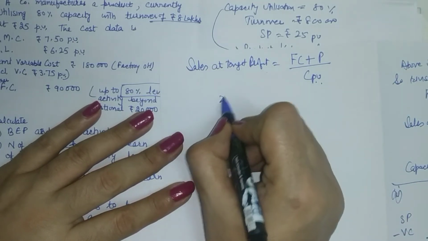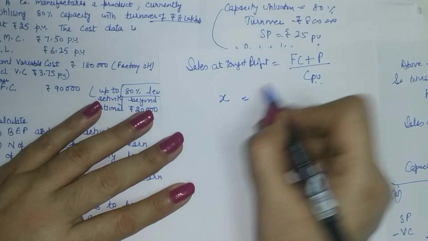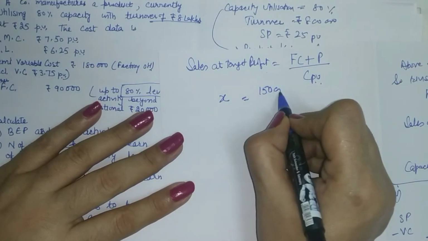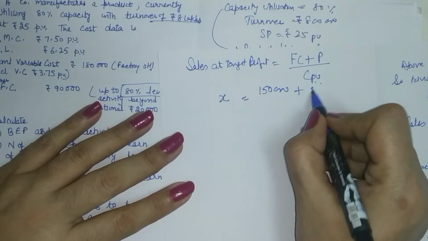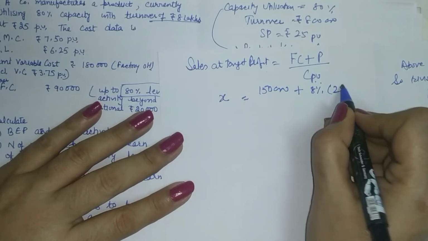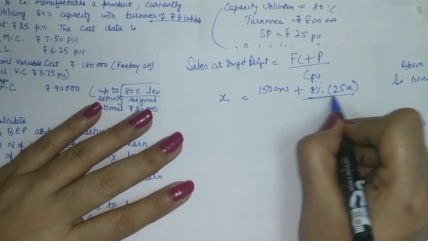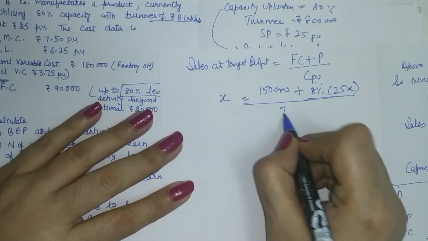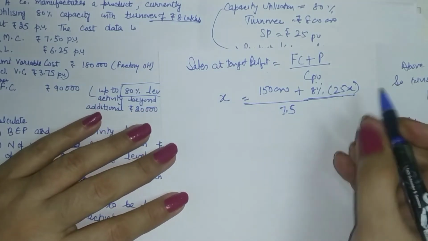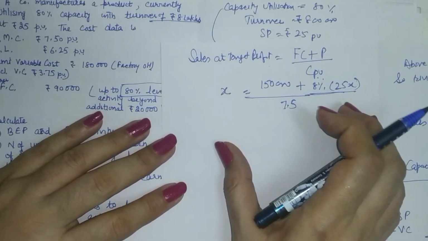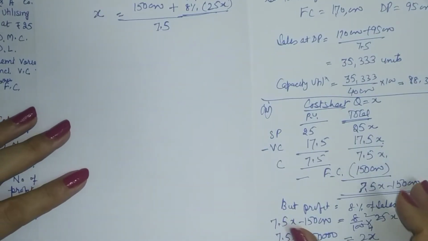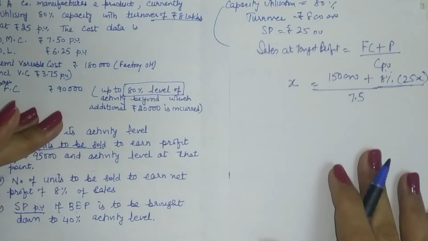Now let us assume we are selling X units. So fixed cost is 1,50,000, profit is 8% of sale, 8% of sale upon contribution per unit 7.5. So we could have made use of equation also, we can make use of cost sheet also. So both will give us same results.